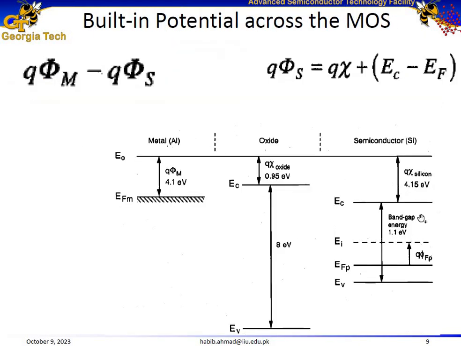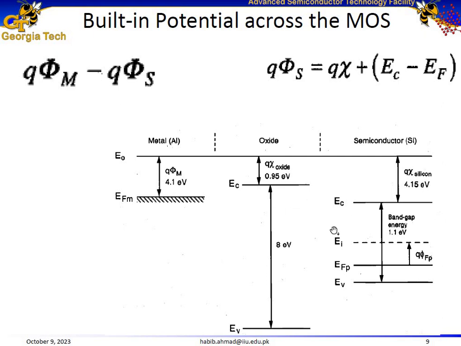Now in slide number 9 we are talking about the metal, oxide and semiconductor independently. But what happens if we place them together when we form a metal oxide semiconductor structure? Similar to a p-n junction diode, under thermal equilibrium, or under zero applied bias, we know that we should have a constant Fermi energy level first.